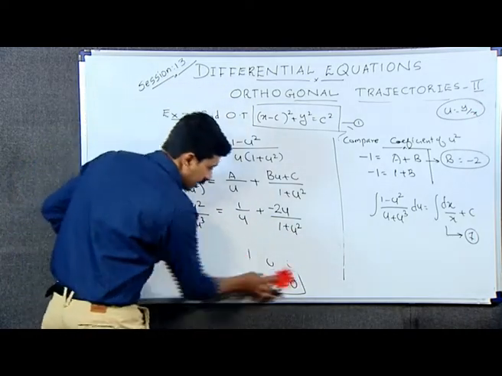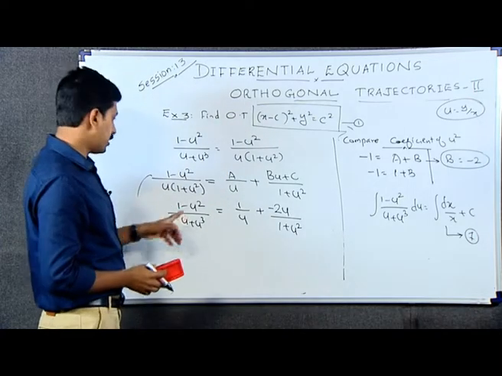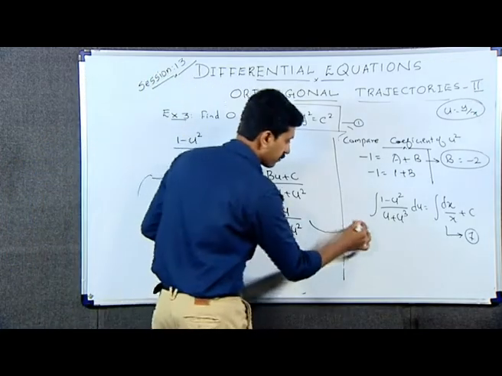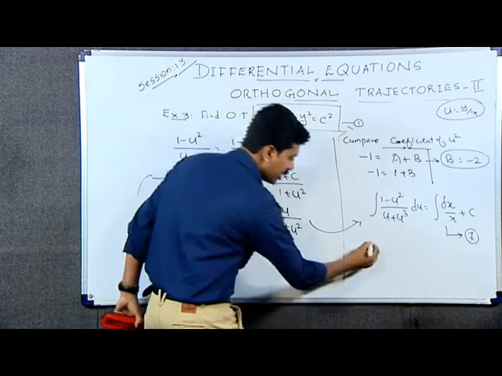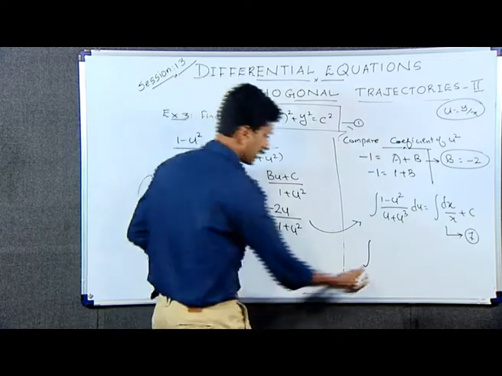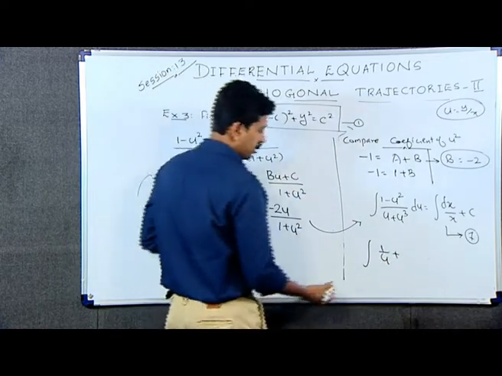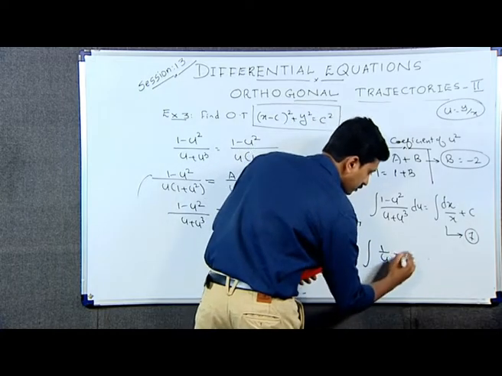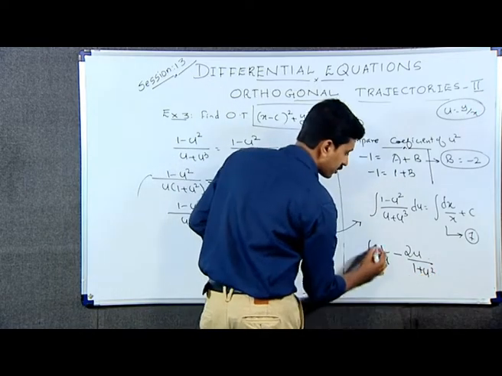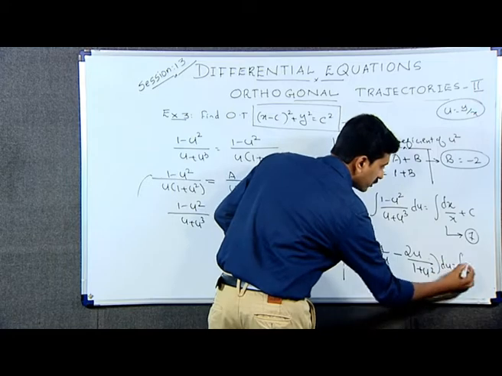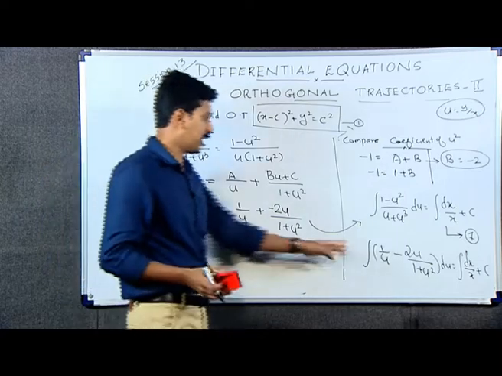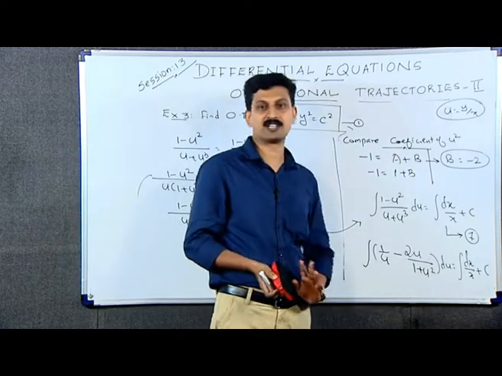So in equation 7, the integral of 1 minus u square divided by u plus u cube becomes the integral of 1 by u minus 2u divided by 1 plus u square du, equal to the integral of dx by x plus c. Now we are happy, we are able to solve this differential equation.